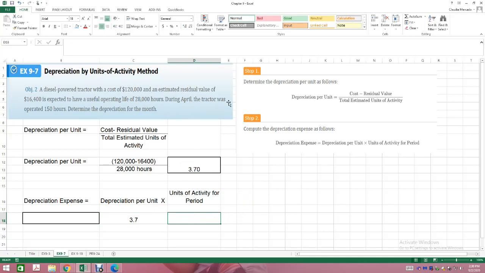It says that during April, the tractor was operated for 150 hours. So, to calculate my depreciation expense, it's going to be the 3.70 times 150 hours. That's going to give me $555 depreciation for the month of April.